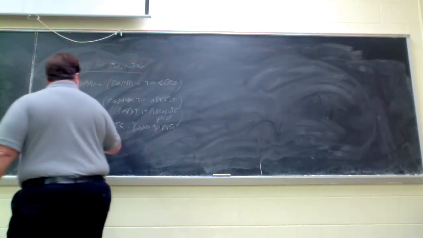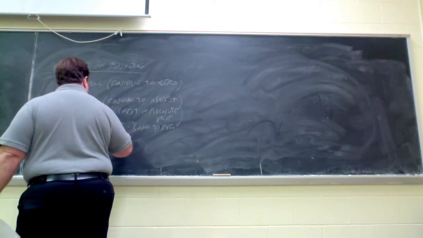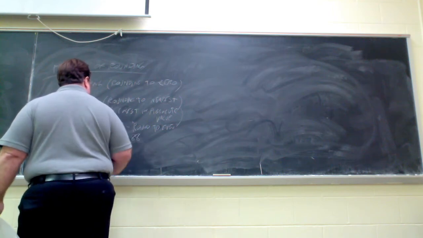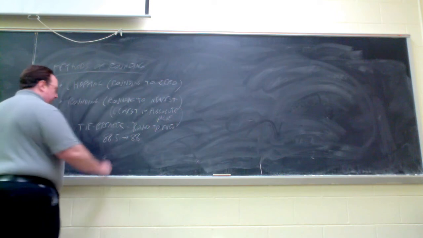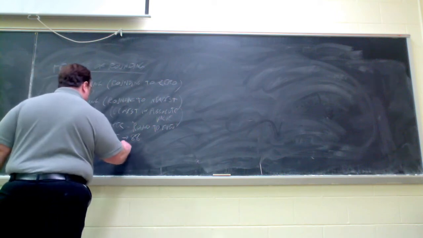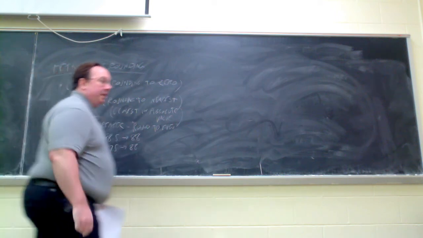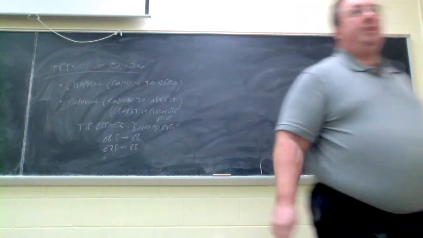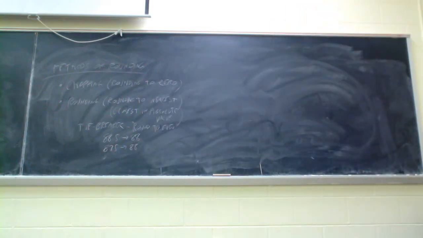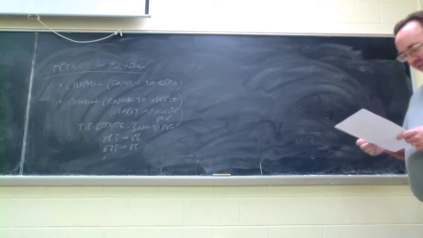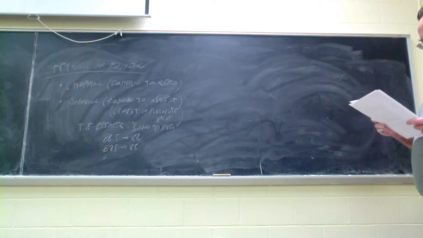So for example, 88.5 gets rounded to 88 rather than 89, whereas 87.5 also gets rounded to 88. And that's to remove bias in rounding, so numbers that land on a tie are equally likely to be rounded up or rounded down. Okay.